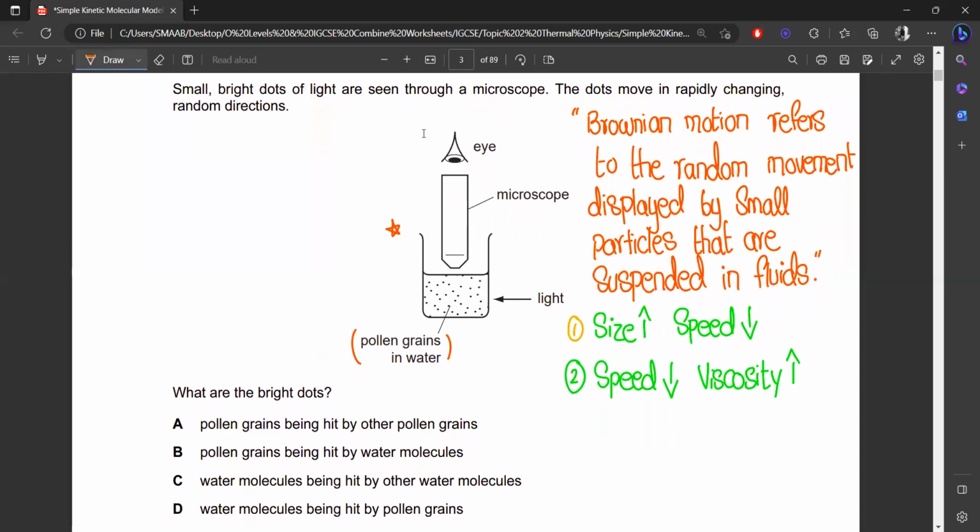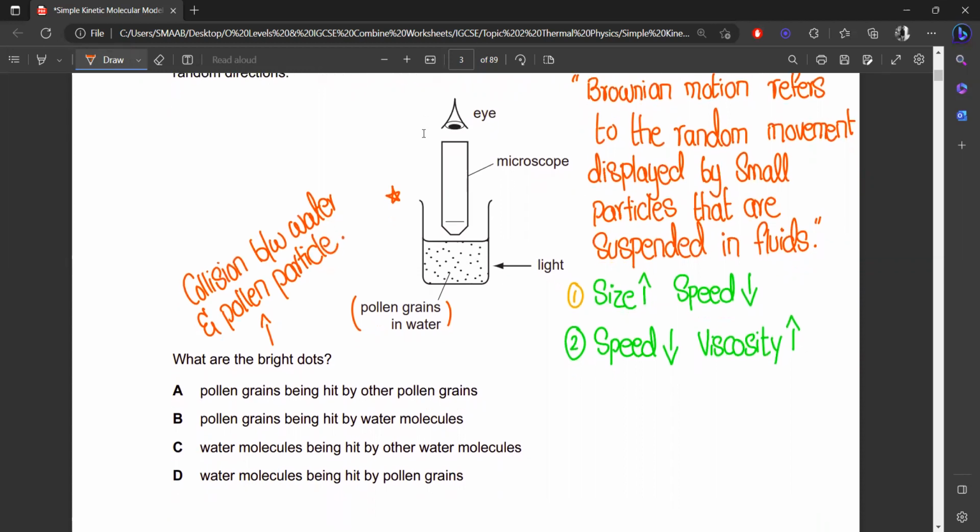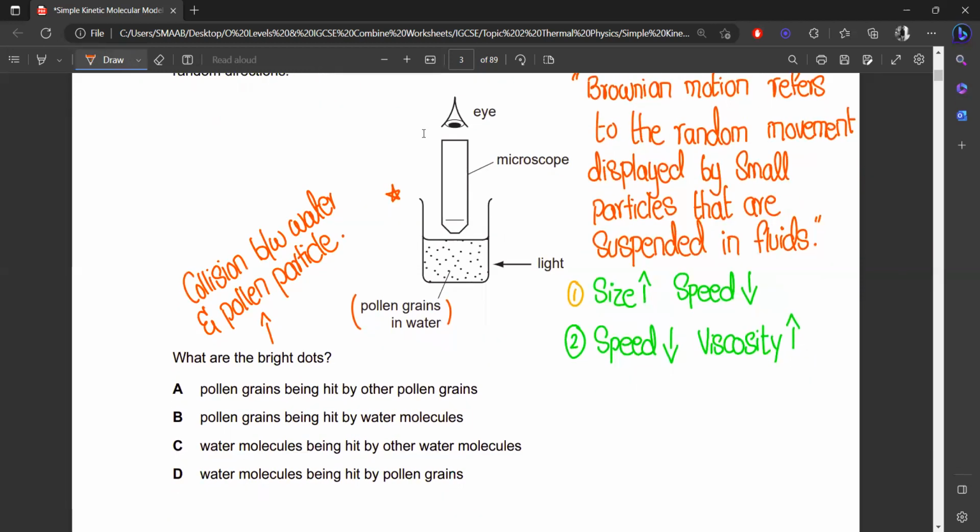So basically, the bright dot represents the collision between water and pollen grain particles. When the particles of both matter strike each other, it will produce bright dots, right? So it means option B.